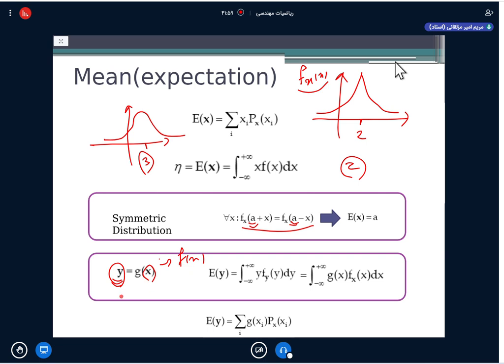We don't have the PDF of y. We have y equal to g(x) and the PDF of x, and we want the expectation of y, an expectation of a function of x. Here, it's enough to multiply g(x) by the PDF of x and integrate from negative infinity to positive infinity.